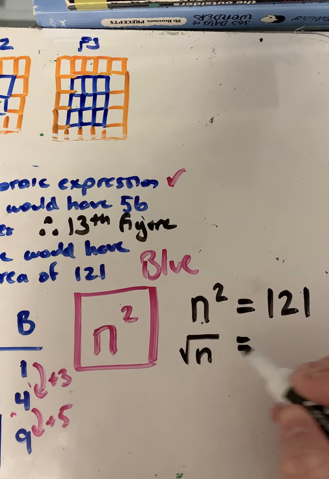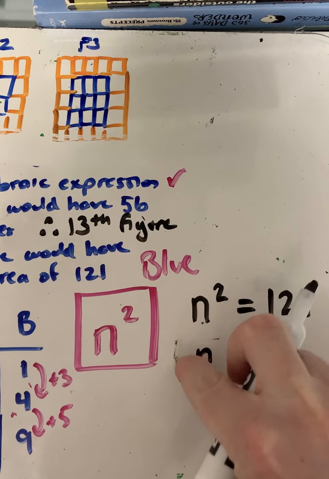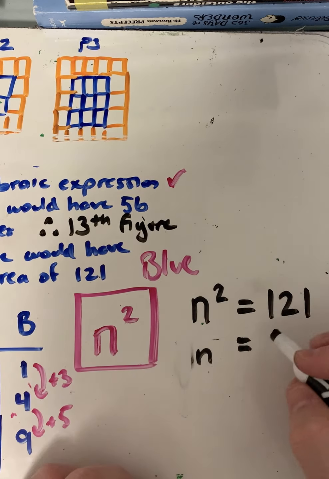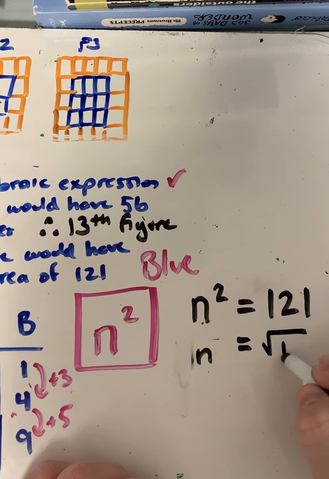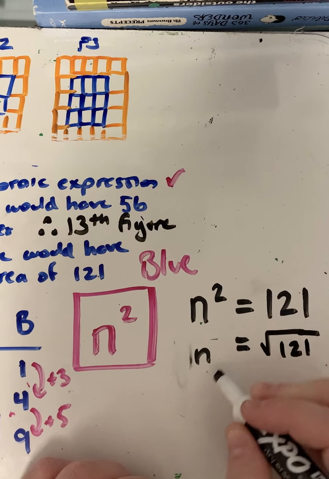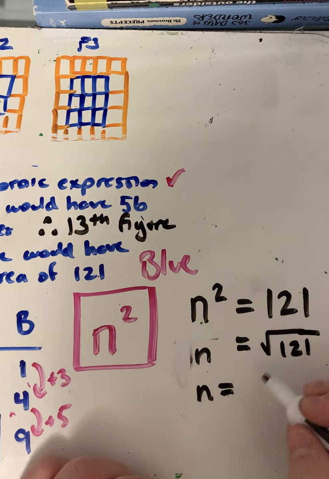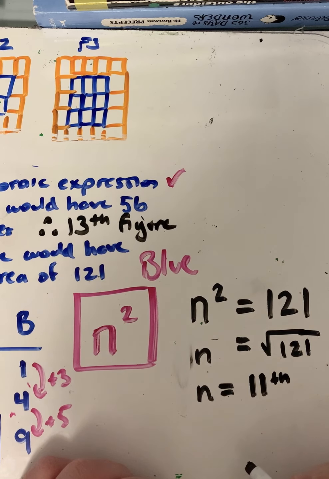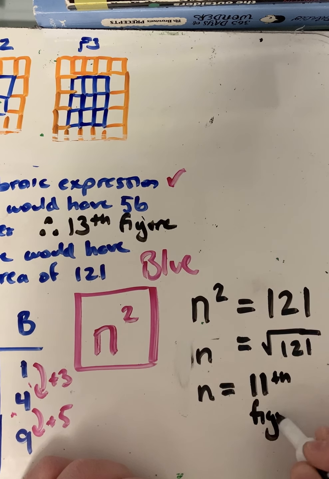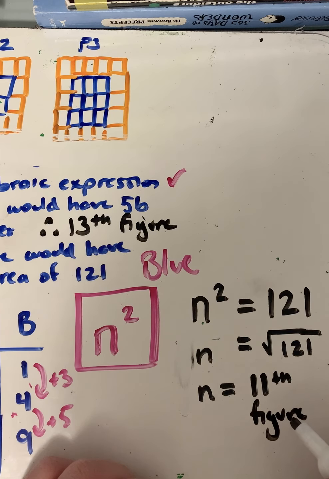So we're going to square root this, and then square root 121. And so n will equal 11. So it's the 11th figure that would have a pond area of 121.